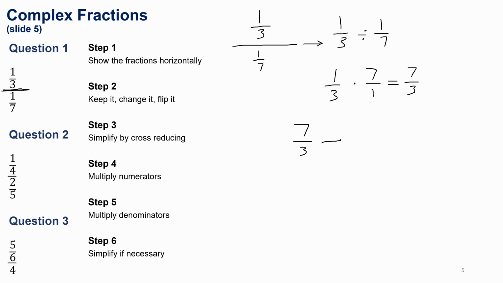However, it can be changed to a mixed fraction. So 3 divides into 7 2 times. 2 times 3 is 6. 7 minus 6 is 1. 1 is now my new numerator, and 3 stays my denominator. So 7/3 converts to 2 1/3.